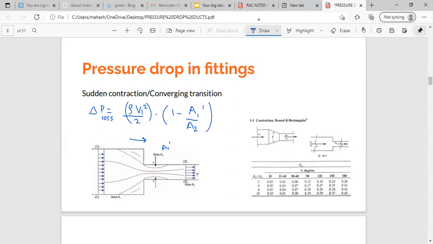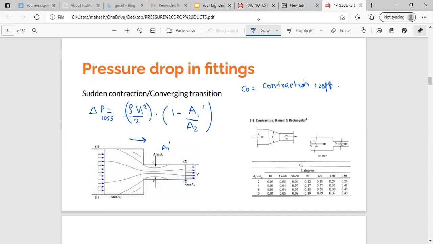Or if you know the area of the vena contracta, you can also obtain an expression in terms of what is known as the contraction coefficient, C0, and you can get the expression for the delta P loss.